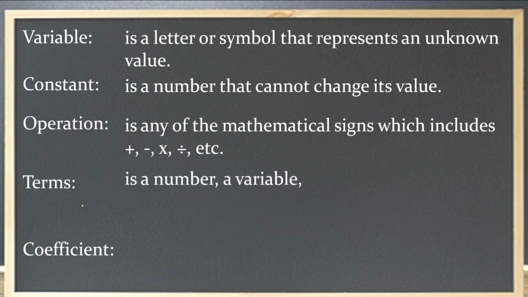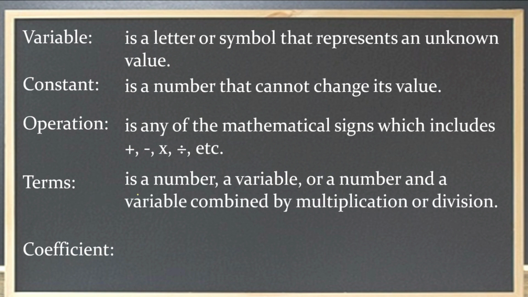And terms. A term is a number or a variable, or a number and a variable combined by multiplication or division. Okay, so terms are usually numbers or variables, or the combination of the two of them, but they will be combined in a special way, either by multiplying the number and the variable or dividing them. Okay, but it is not by combining them by adding.